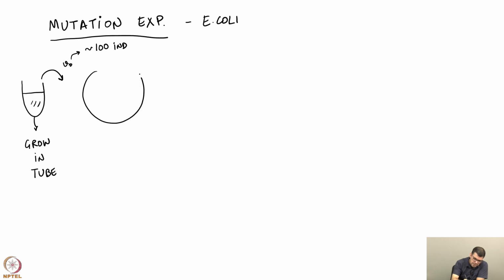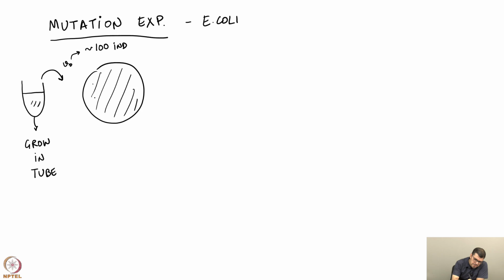I will spread these 100 individuals on a plate. Of course, I can't see individual E. coli, but when I spread them, my calculation shows that this much volume of the liquid must have 100 individuals. So, when I spread them, I know there are 100 individuals there, but I do not know where they are.